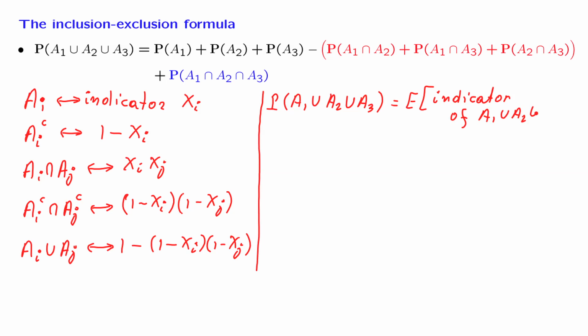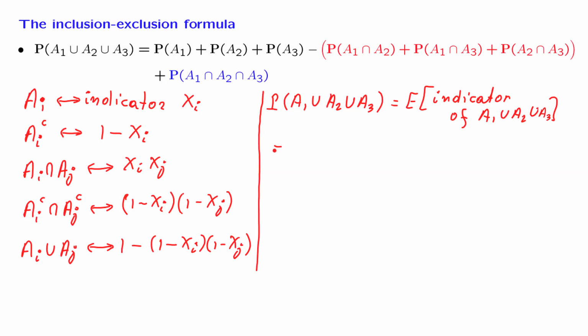This is because the indicator is equal to 1 if and only if the outcome happens to be inside that set. And so the contribution that we get to the expectation is 1 times the probability that the indicator is 1, which is just this probability.